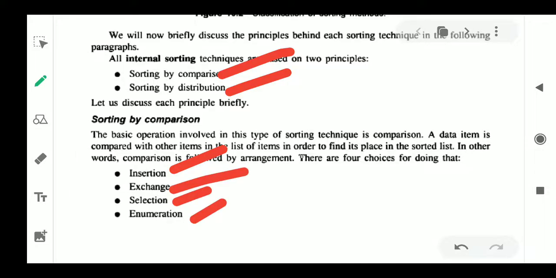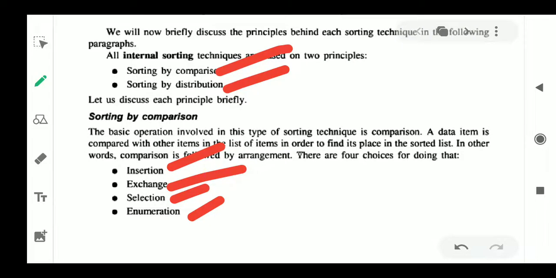What do we mean by comparison? Here we sort all the elements by comparing an element with the other elements in the list. Each and every data item will be compared with the other data items, so that we arrange all the data elements in some order.